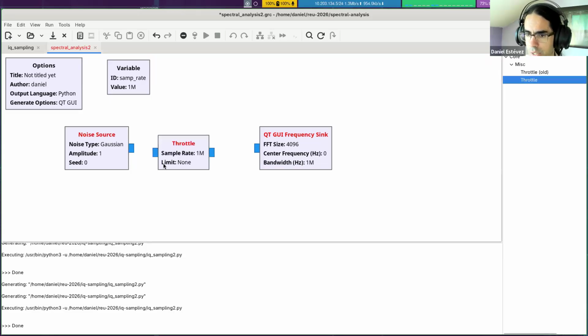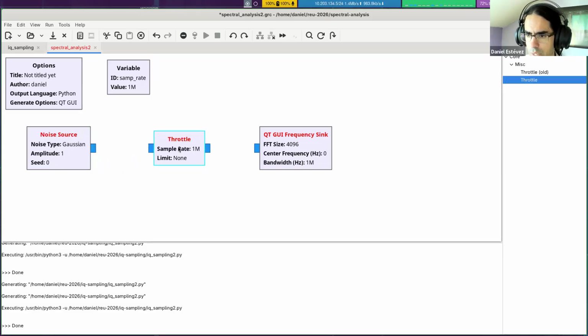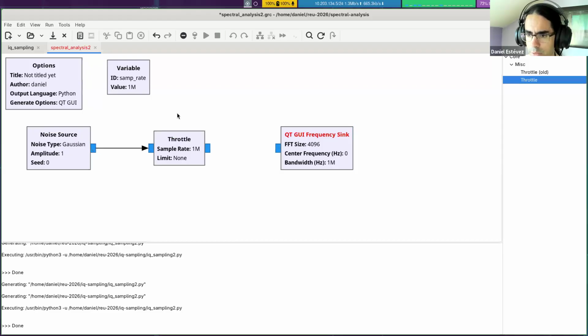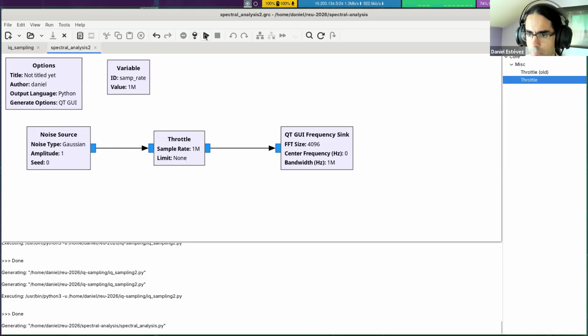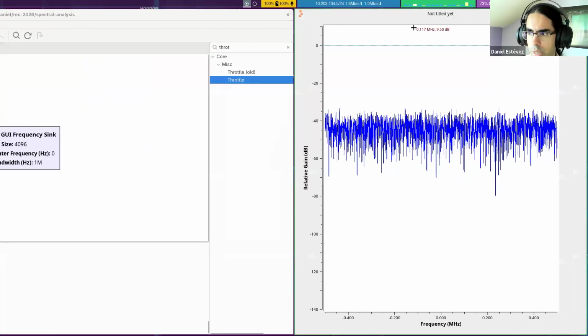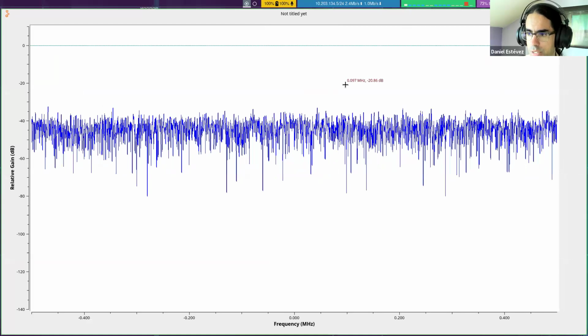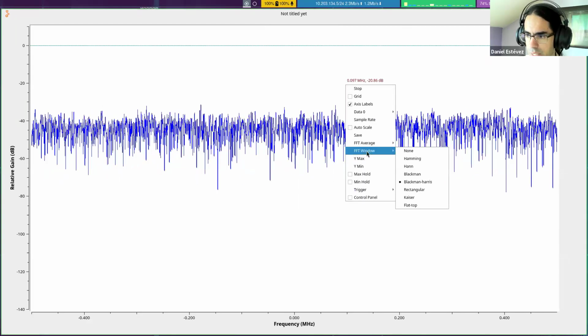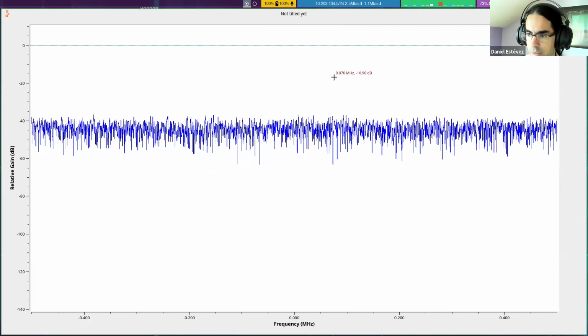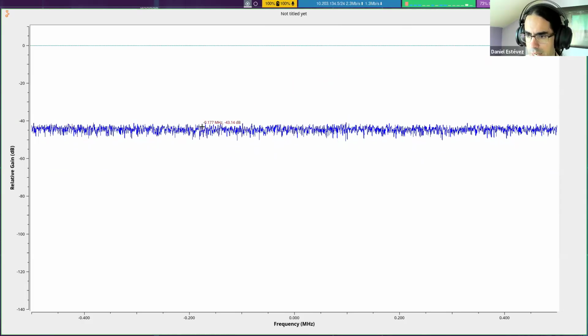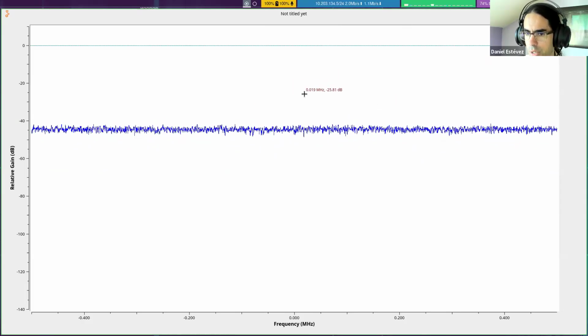It's just generating noise. So as usual, when we are doing simulations and there is no hardware involved in the simulation, we need a throttle block to limit the rate at which samples flow through the flow graph. So here we have noise, and it's not very interesting by itself. We can apply some FFT average if we want to measure the level of the noise more accurately. But what we can notice at the moment is, well, this is random.